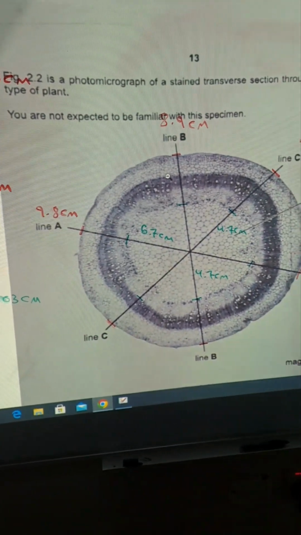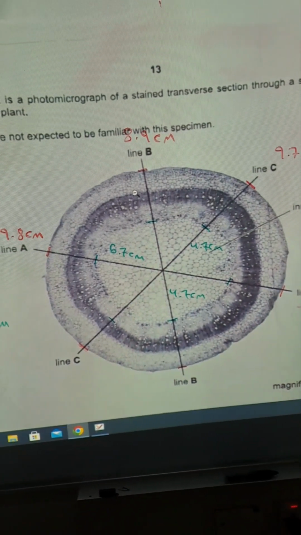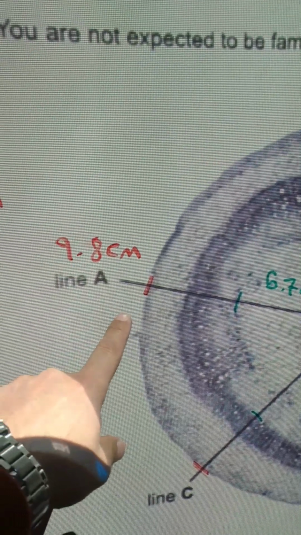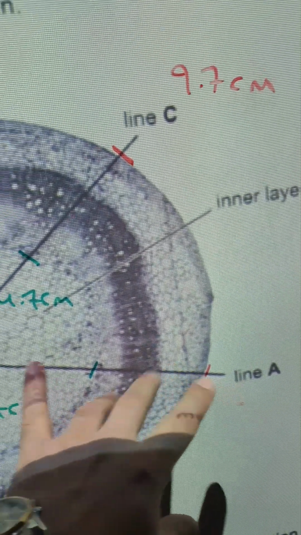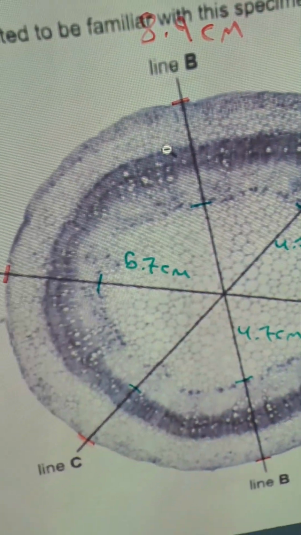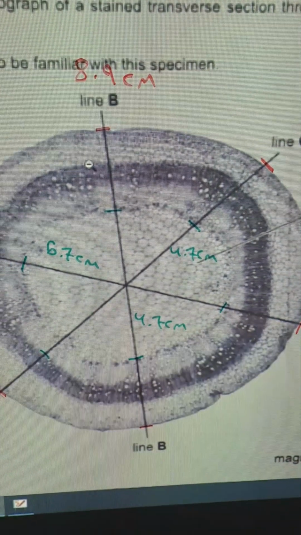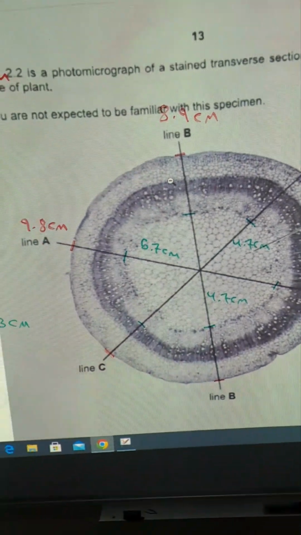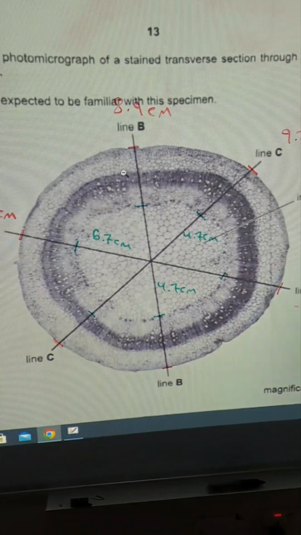Basically, guys, if you use your ruler and measure the lines, which are A, B, and C, from this point all the way until this point, which is the beginning to the end of the transverse section, for line A, as well as for line B and line C, and you add them up and divide by 3, you will get the average or mean diameter for this structure.